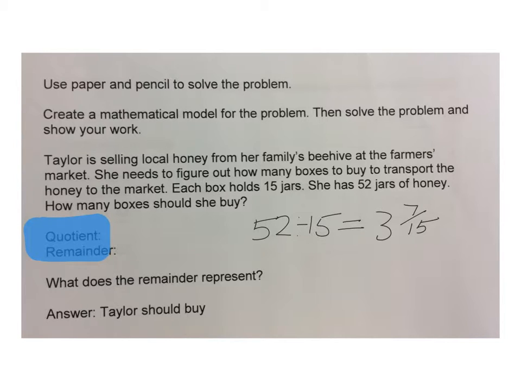So the quotient is 3 and the remainder is 7. What does the remainder represent? Well, that would be 7 jars left out of a box. So Taylor really needs to buy 4 boxes.